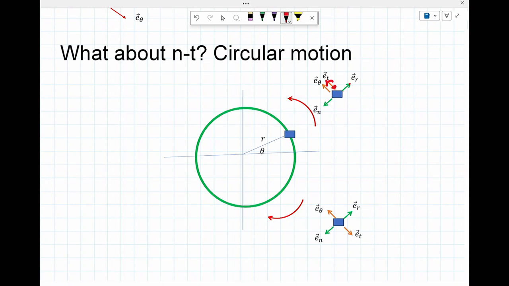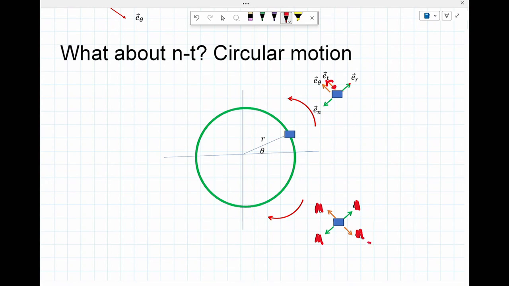That's what you get for copying arrows. E sub r in this case is wrong. Let's just scratch all of that out.